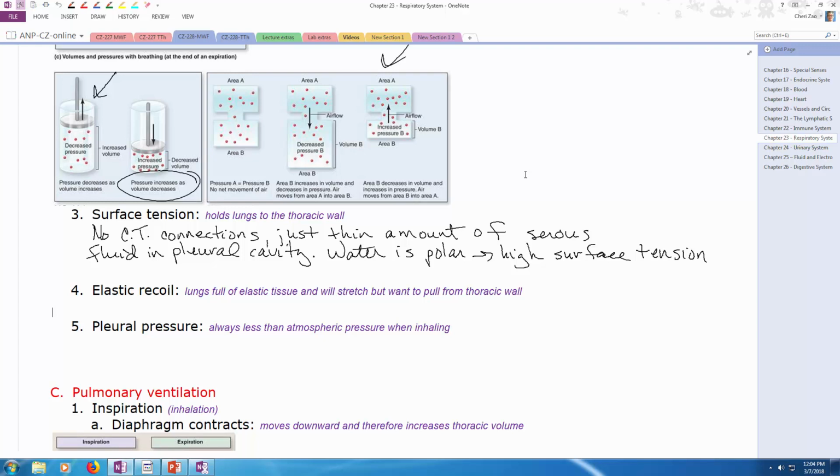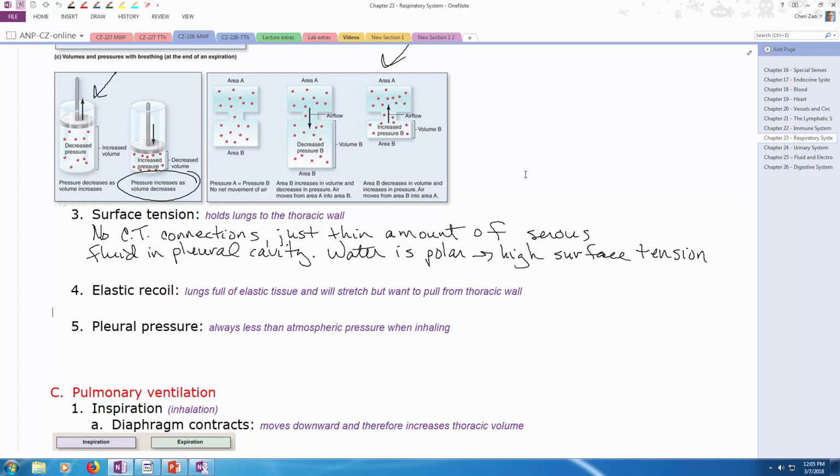Something that's working against this expansion of the lungs is what's called elastic recoil. The lungs are very elastic in their tissue construction, and it's very nice. They are really stretchy, so we can blow them up just like a balloon. But the elastic tissue will work against our lung expansion, and that's called recoil.